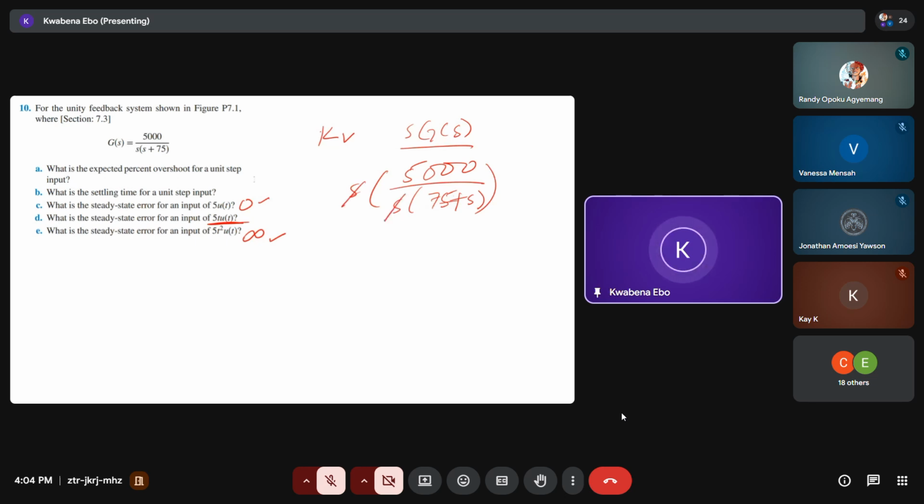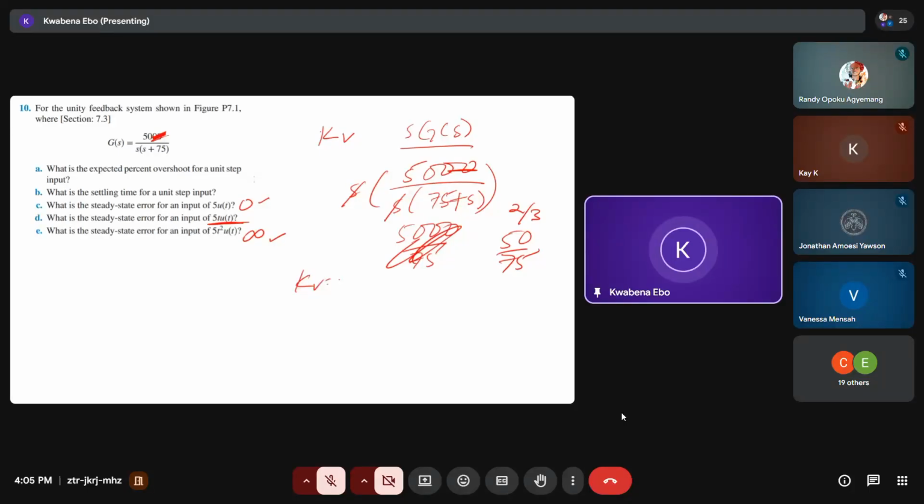So this will take care of this, then this s will go to 0. So we are left with 5,000 over 75. Let's take it as if it's just 50, since I don't have a calculator. So 50 over 75, which will give us 2 over 3. So that means our Kv will be 2 over 3.